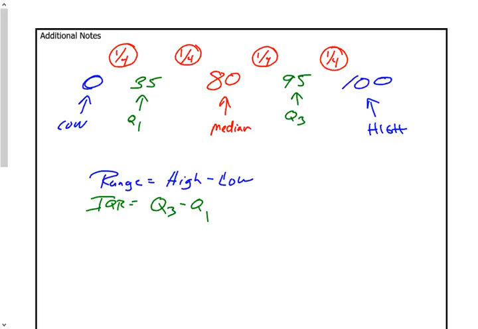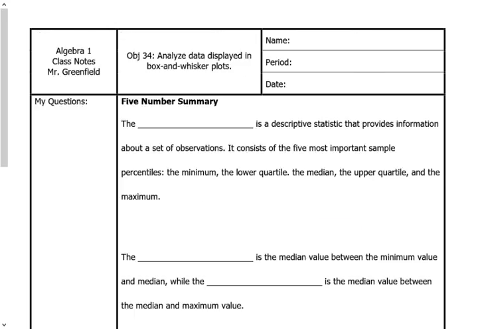So let's go back now and take a look at this. Our 5-number summary is a descriptive statistic that provides information about a set of observations. It is the 5 most important sample percentiles: minimum, lower quartile, median, upper quartile, and maximum.